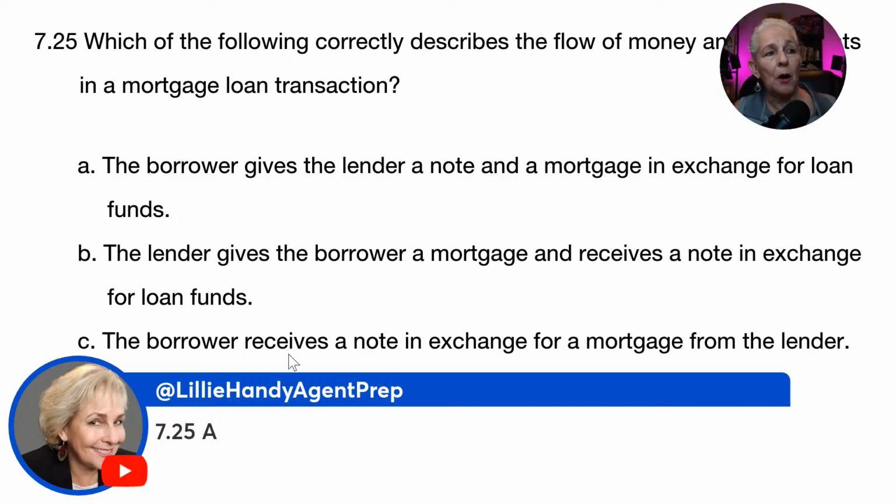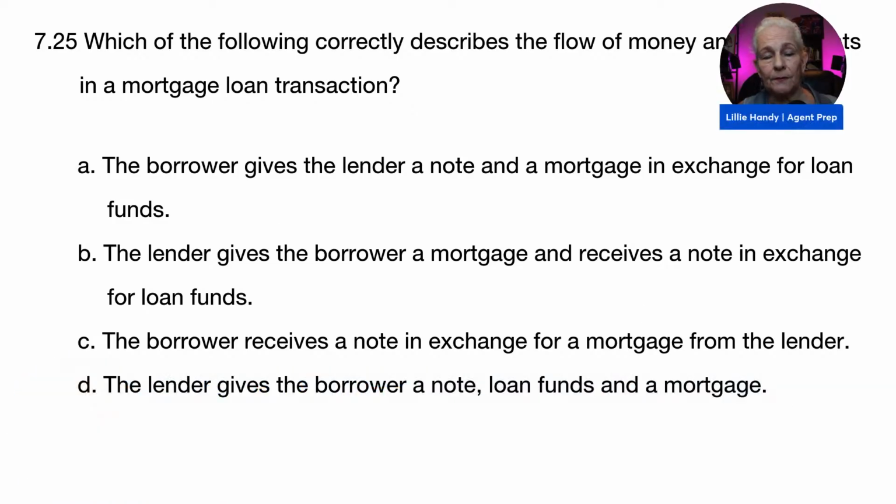No, the borrower gives the lender a note: I promise to pay you under these terms and this deadline, how many years? Then D, the lender gives the borrower a note, loan funds, and a mortgage. No. So the best answer here is the borrower gives the lender a note, the promissory note, and a mortgage in exchange for the loan funds.